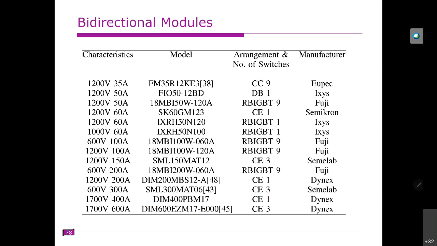These are the different manufacturers that use these bidirectional switches: UPIC, Exis, Fusey, Semicron, Semilab, Dynex. This is the common collector configuration. DB means diode bridge, and RB IGBT is the reverse blocking IGBT.